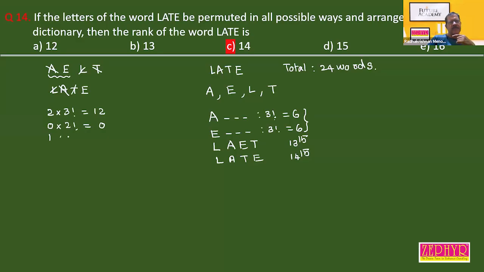So 1 into 1 factorial is equal to 1. These are the number of words before the word LATE. If you add 1, that will be the rank of the word LATE. So it is 14. That way it is easy for you to find out.